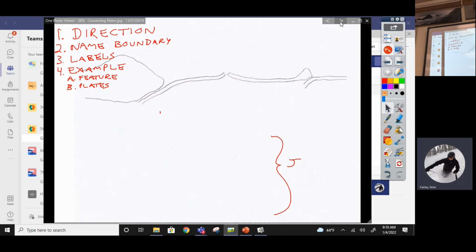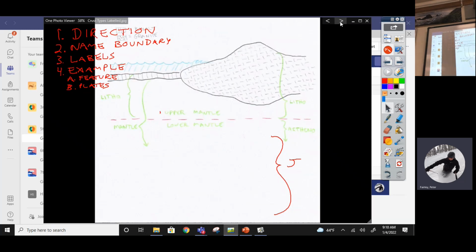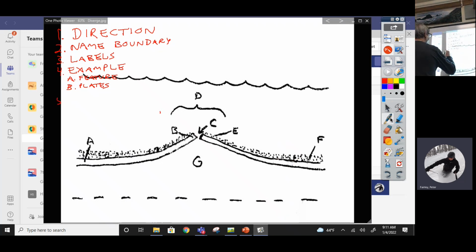Let's move on to our next image, which is this one. The same questions here, except this one also has a number 5. Number 5 is the process.